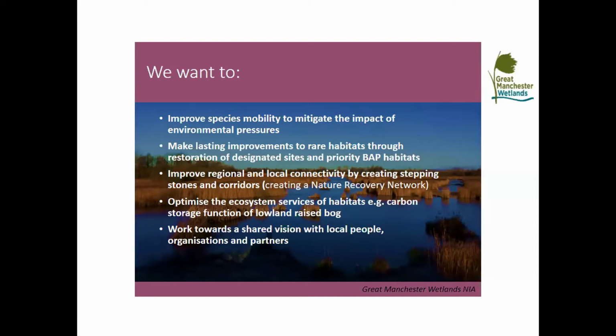We're also creating stepping stones across the landscape. So, for example, at Pest Fork Long Moss, there's been some work done to restore the bog there, to create a stepping stone between Risley Moss and Holcroft Moss. So all this work's going on by the restoration team to improve the landscape for species and to allow species to move across the landscape.